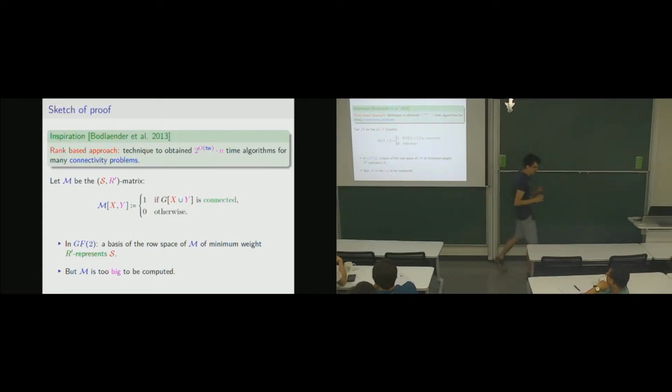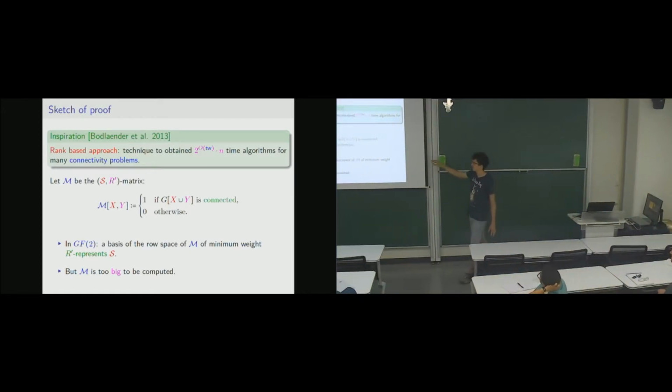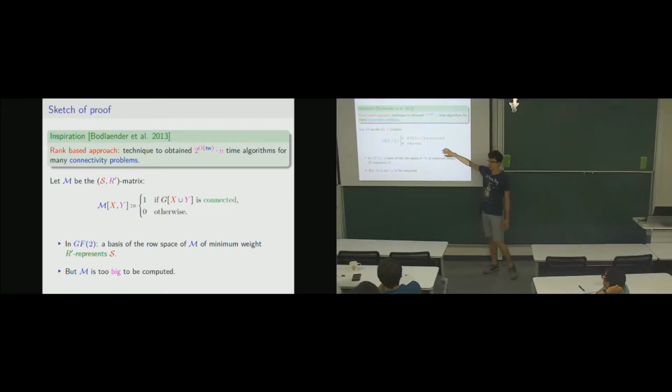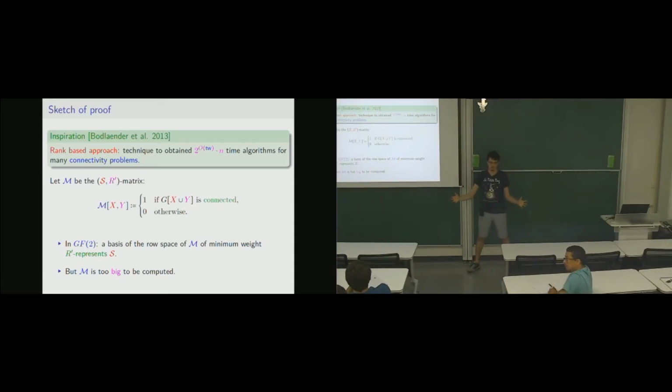And what you can see is that a basis of the row space of M, of minimum weight, R prime-represents S. Why? Because you have your big matrix, and when you take a 1 in here, you have a 1 in your basis, which is also in the same column.